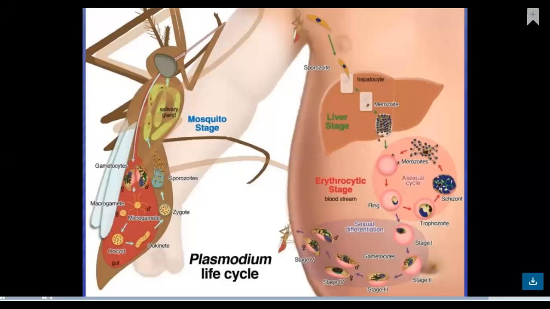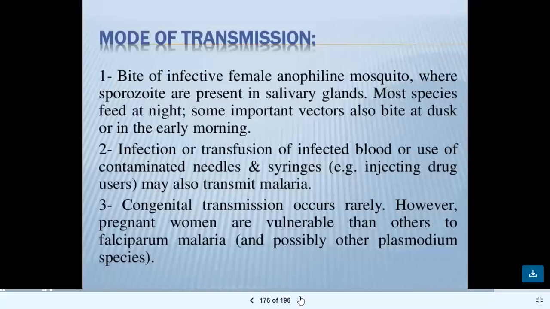So let's continue with malaria. Now the mode of transmission, if we talk about malaria, is the bite of an infective female Anopheles mosquito, where the sporozoites are present in the salivary gland, and most species feed at night. Some important vectors also bite at dusk or in the early morning.